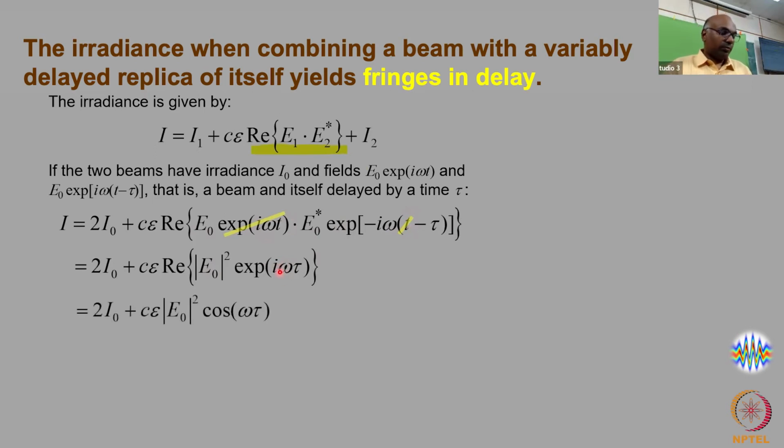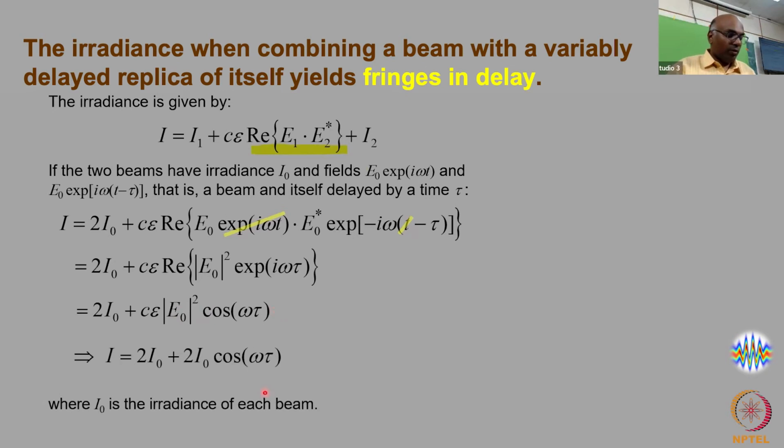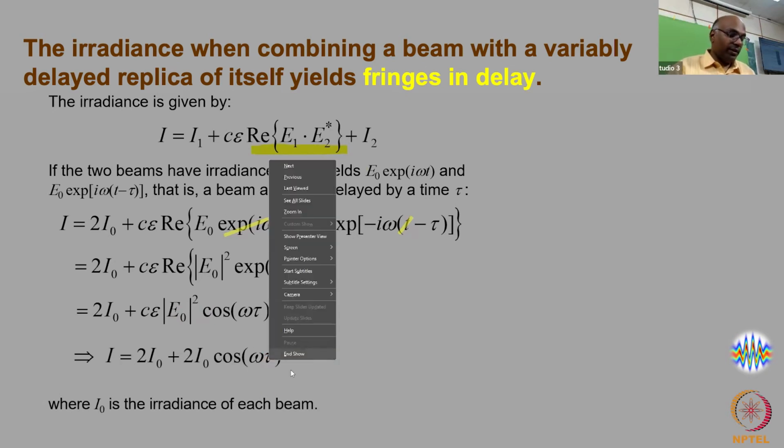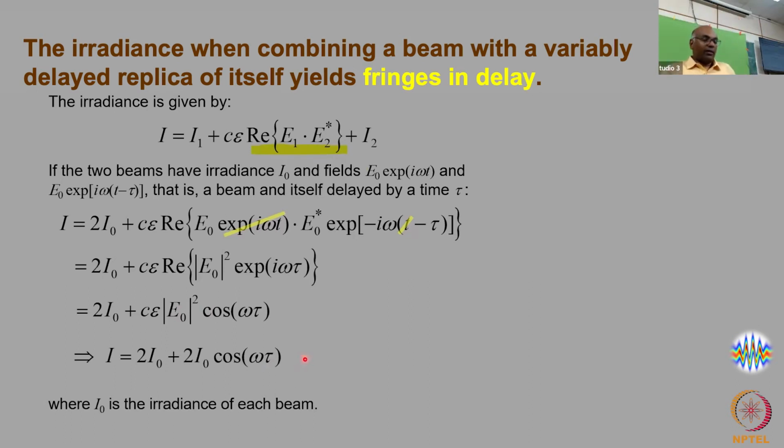So now, what is the real part of absolute value square of E naught exponent i omega tau? It is just absolute value squared of E naught multiplying cosine omega tau. Tau is a delay. So you can have a knob on the delay, tau, by yourself, and tweak the delay. That's what the idea of this exercise is, right?